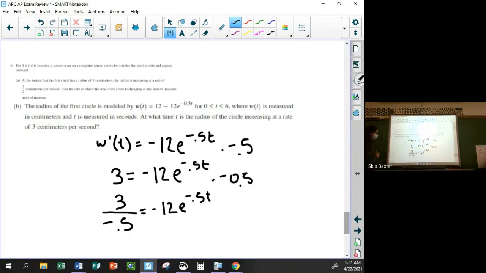Might be easier if you move the negative 0.5 times negative 12 first, divide by 6. And then 3 over 6. Not a bad idea. So now I get here.